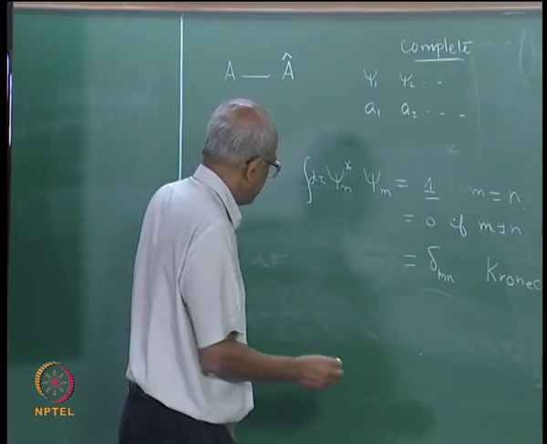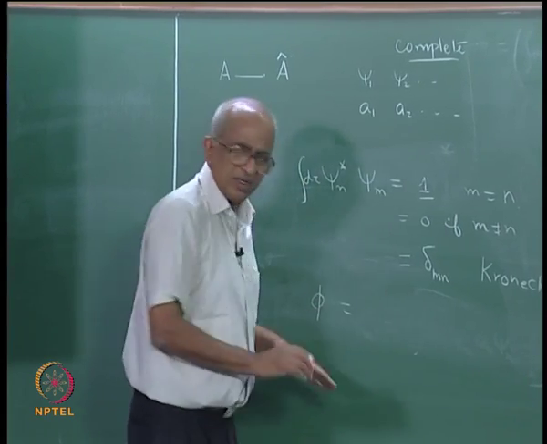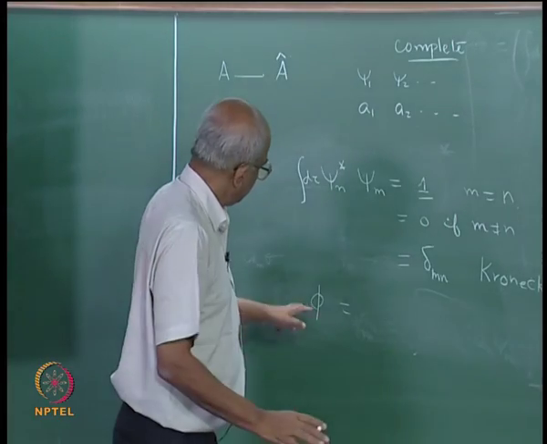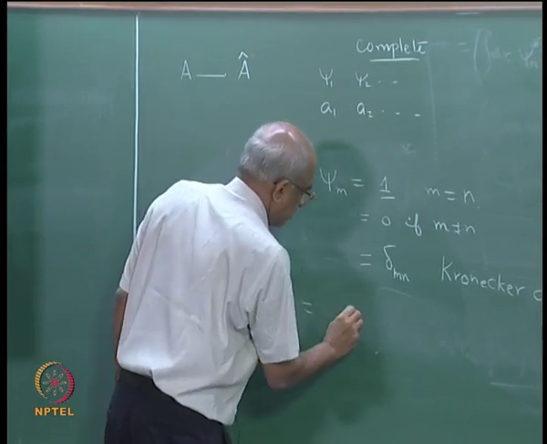That means, suppose any one of you gives me a function phi which is an acceptable function, then this phi may be expressed in terms of psi 1, psi 2, psi 3, etc. How?